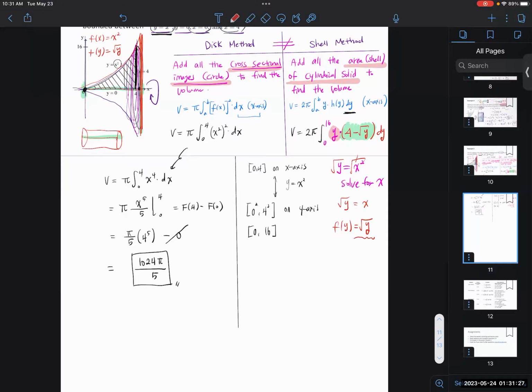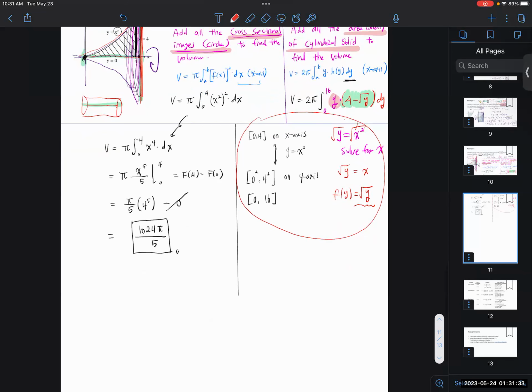So by thinking this through, this is a little bit of work in the shell method, and we're going to take the integral. I'm going to bring what we just set up here. So V equals 2 pi, from 0 to 16, y times (4 minus radical y) dy. This is what we're going to do.